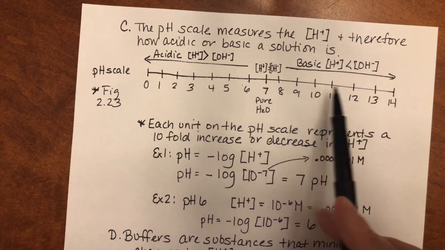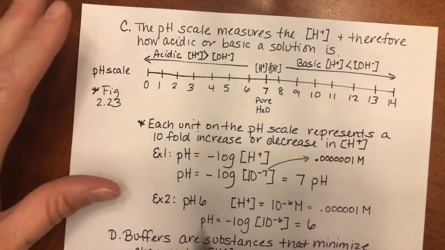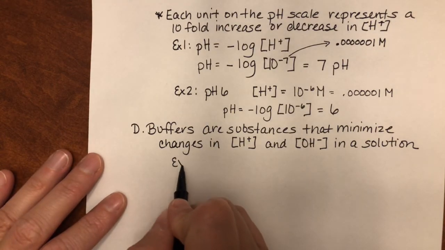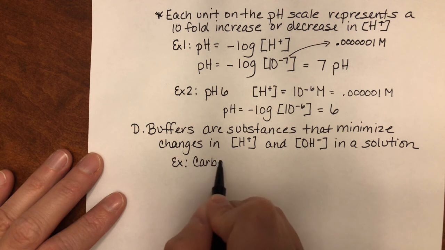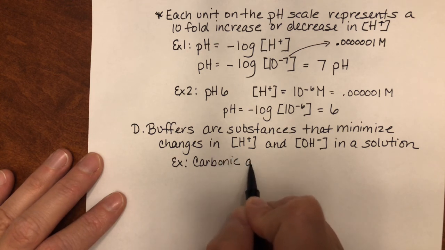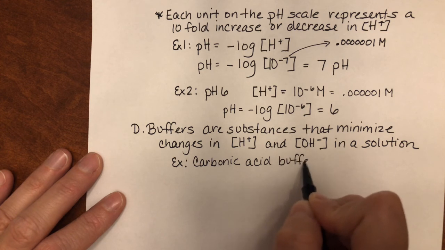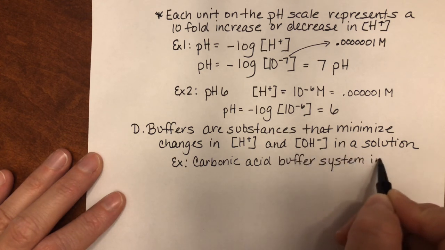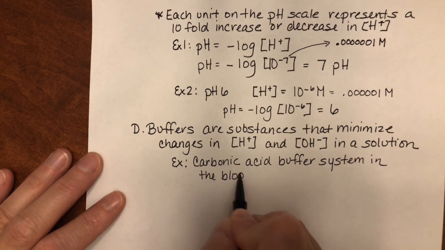Or if it becomes too basic, it has too little H pluses, it will put H pluses in the solution. So I'm just going to put a very common example of this, the carbonic acid buffer system in our blood.